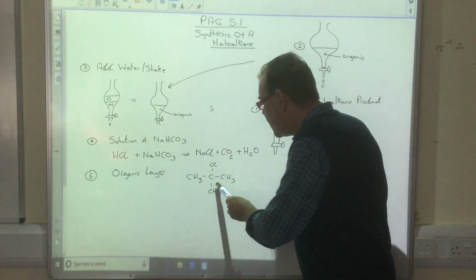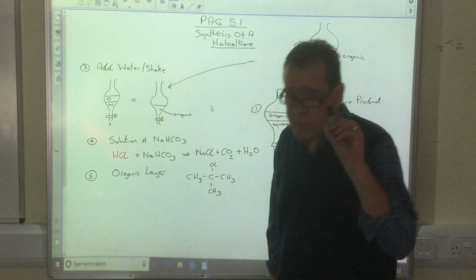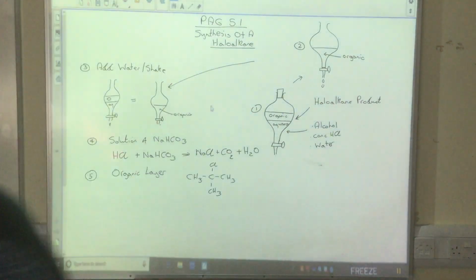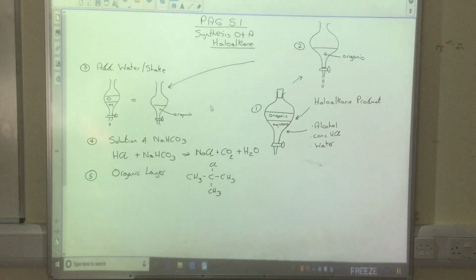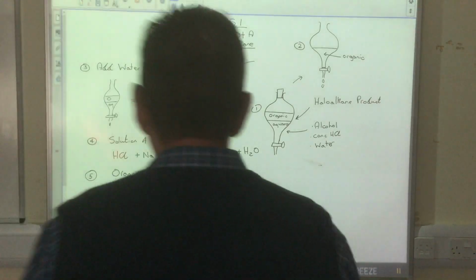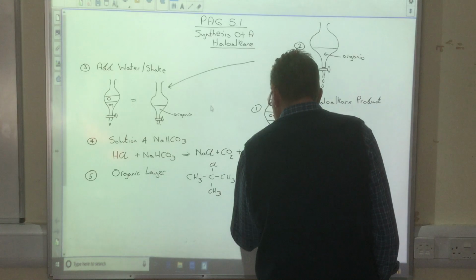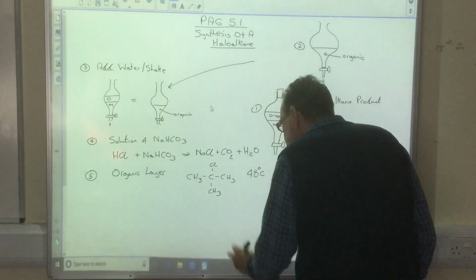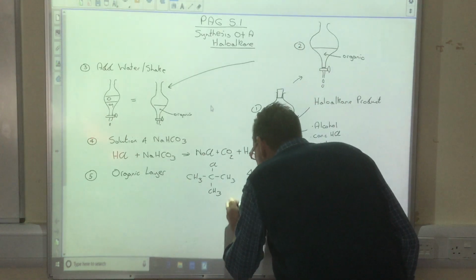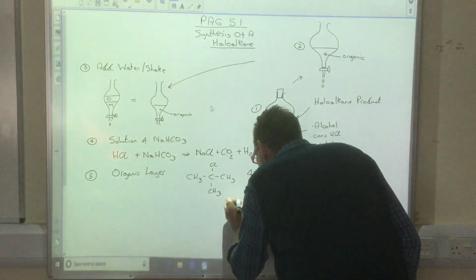Distillation. In other words, this here, I need to check this, so bear with me a minute. According to this, the product you want boils at about 48 degrees C. So you set up a distillation apparatus, which is badly drawn.